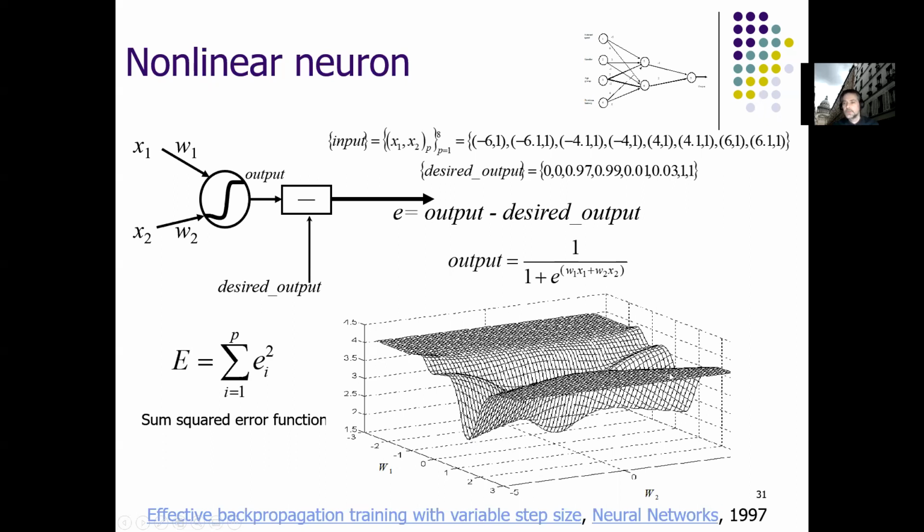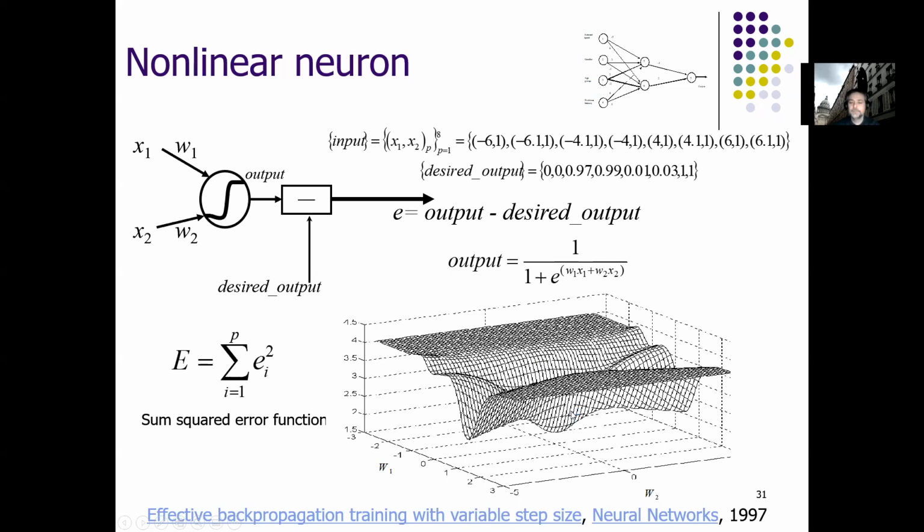You can see what kind of shape it has. This is a very simple example, but it shows you the problems that you encounter when you train neural networks. There are areas which look always flat until you reach a saddle point, and then there is a change of slope. It becomes negative, and you move towards a local minimum, or a global minimum if you are lucky enough.